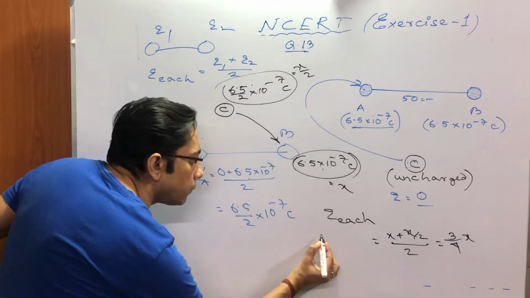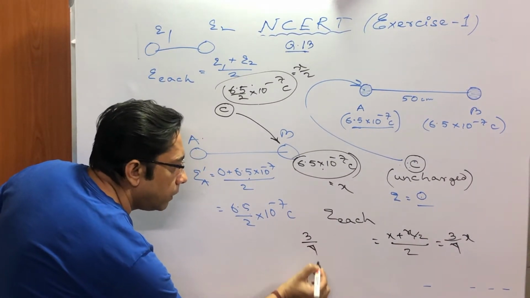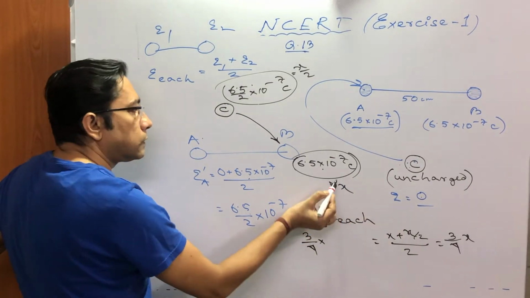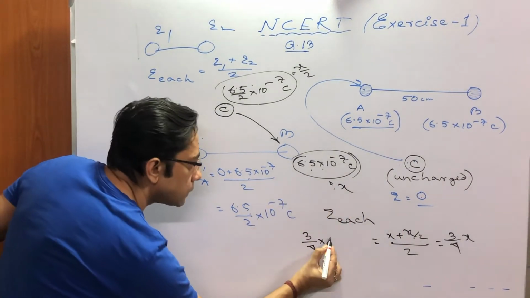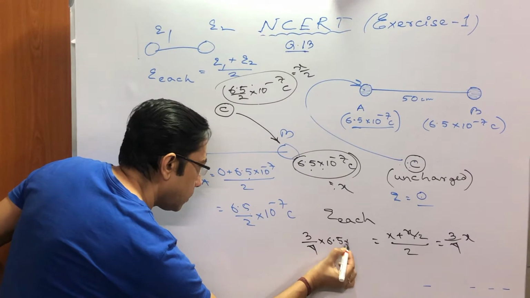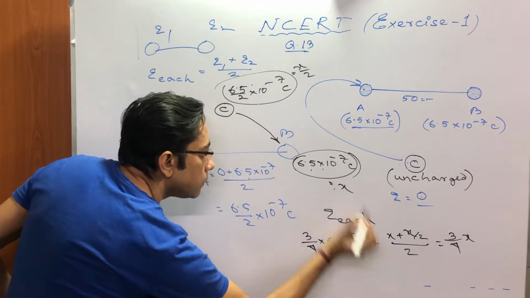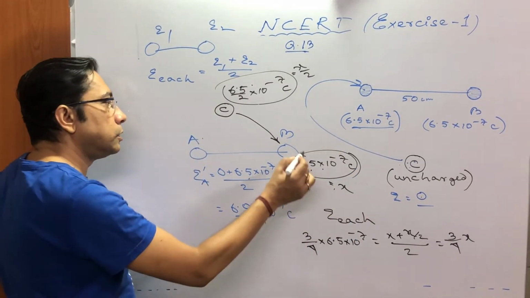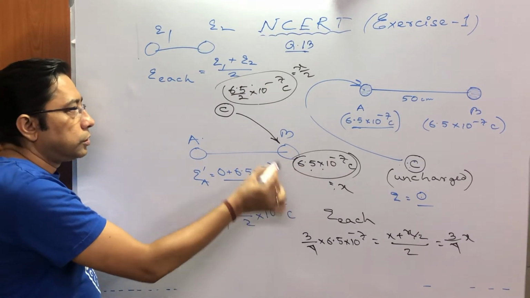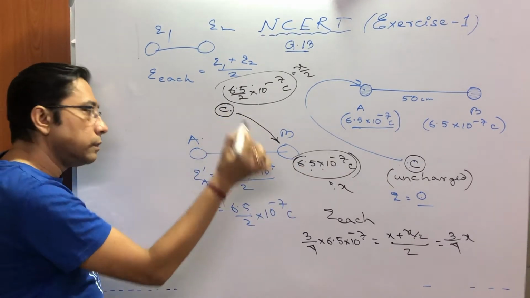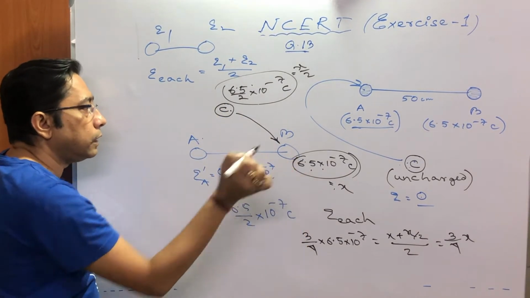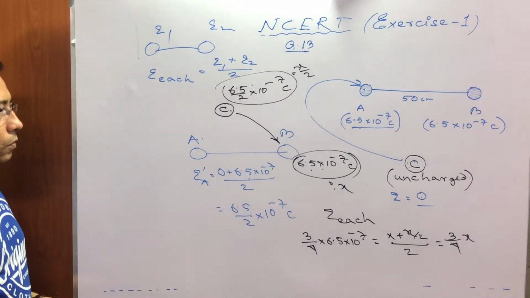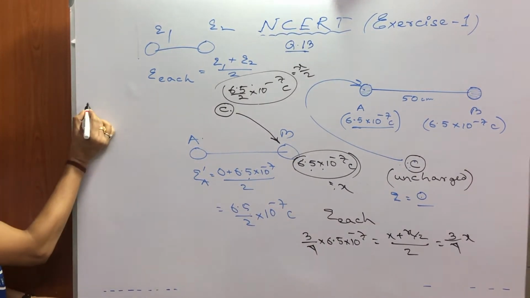So the charge on each would be 3 by 4 into x, that means 6.5 into 10 to the power minus 7 times 3 by 4. This would be the new charge on C, and this would be the new charge on B. So now the final thing happens like this.